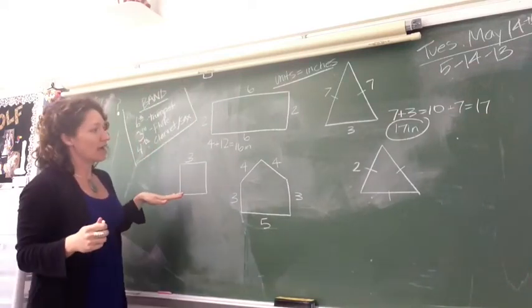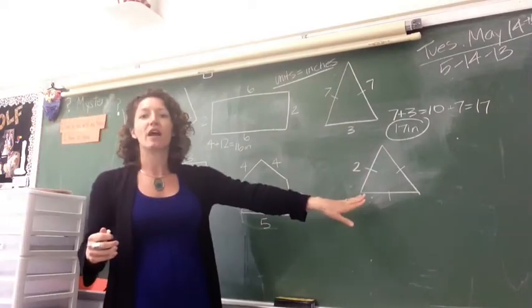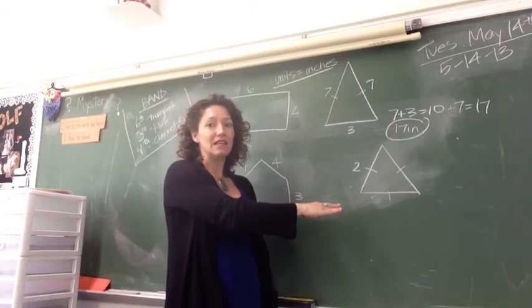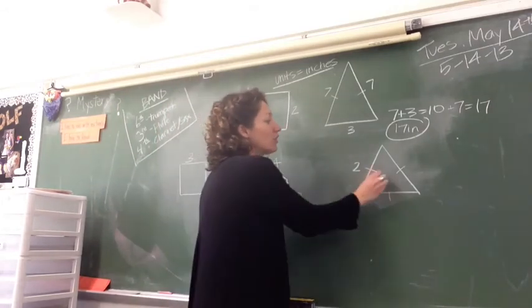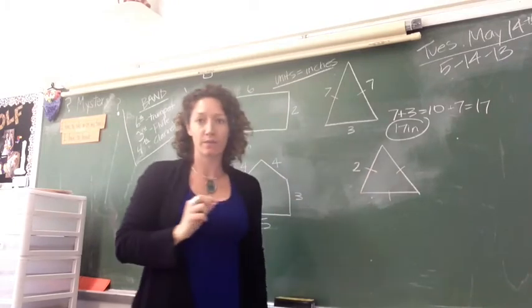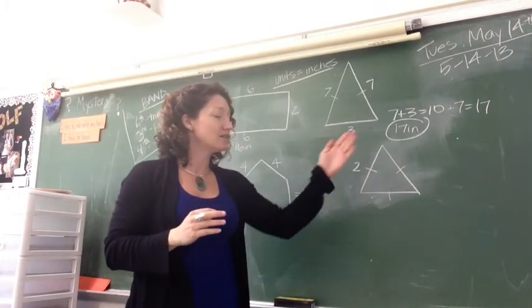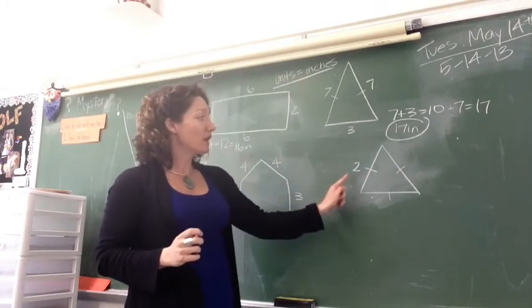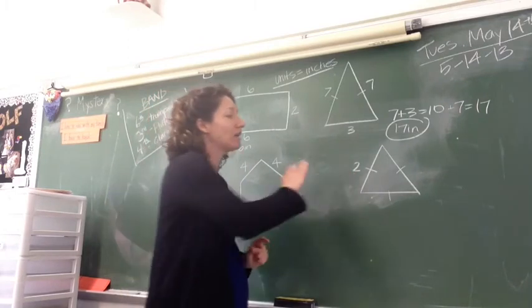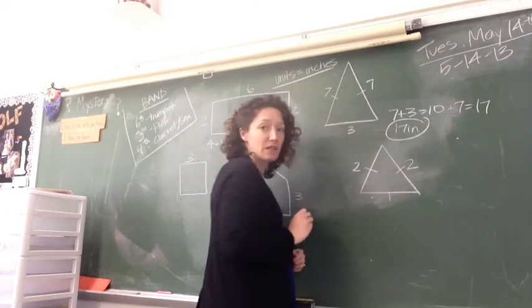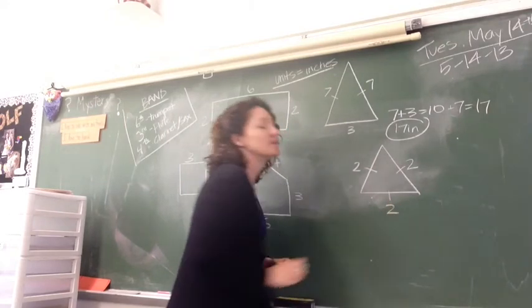Let's take a look at this triangle next. This is an equilateral triangle, and the reason why I know it is because each one of these sides has a mark. That means each side is equal. So if they only give me one measurement of one side, I can figure out that this side must be the same and this side must be the same.